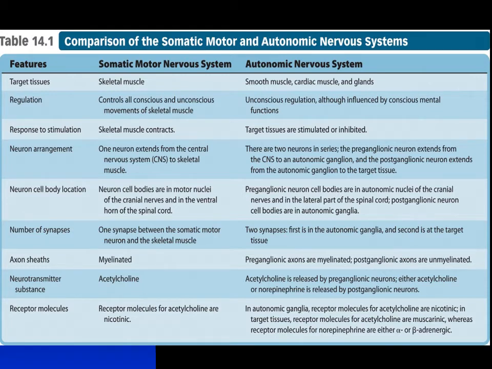This is a two-neuron system, and there is a ganglion somewhere outside the central nervous system. And so you have these synapses, whereas somatic nerves are always going to be myelinated. Only the first preganglionic fiber is myelinated. The second one is not myelinated. And there can be different neurotransmitters and different types of receptors.